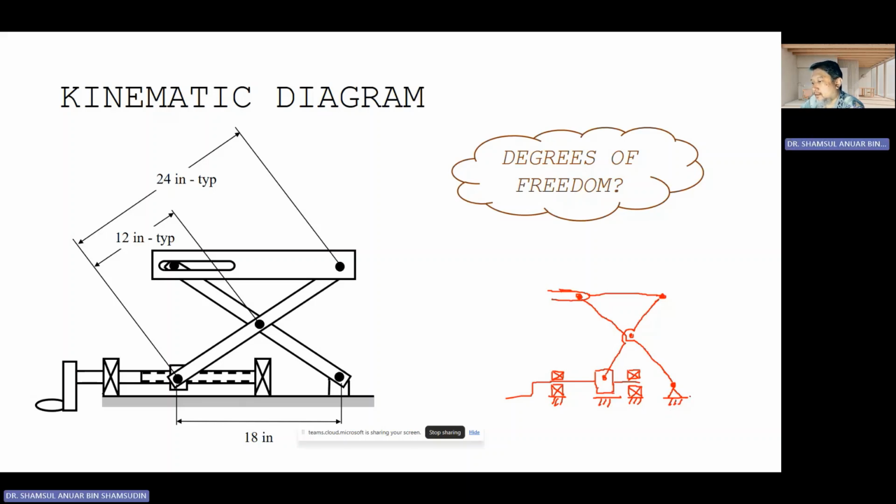Then we can go on and label the ground to be number 1, numero uno, number 2 here, this part is the whole thing. The whole thing up to here is number 3. Number 4.